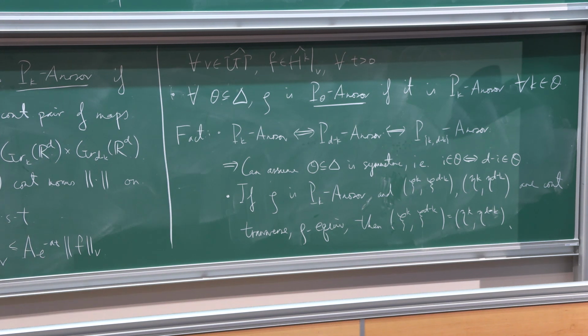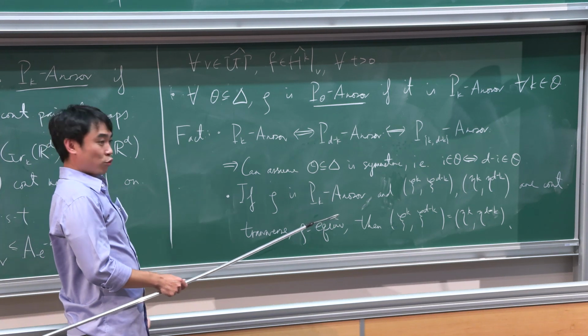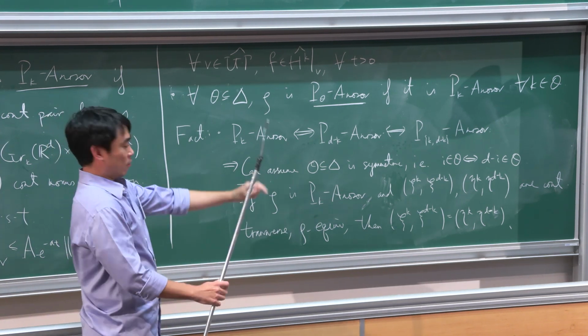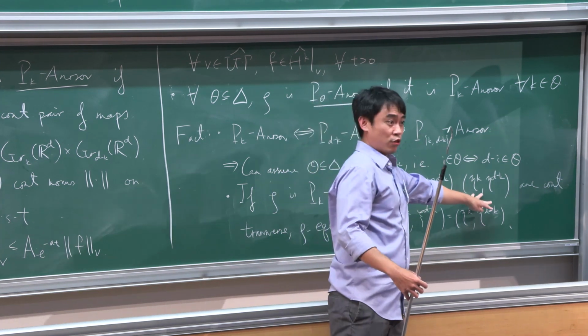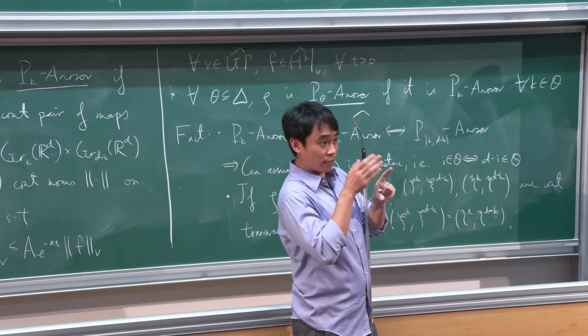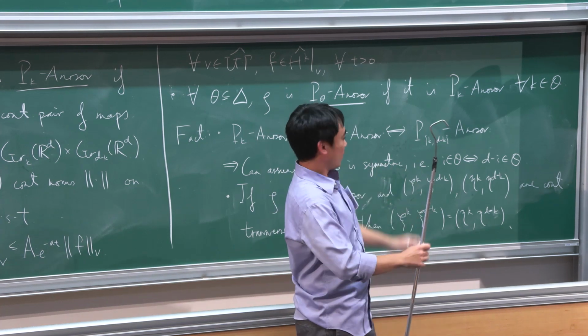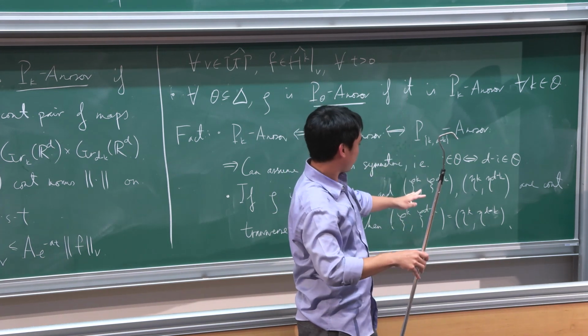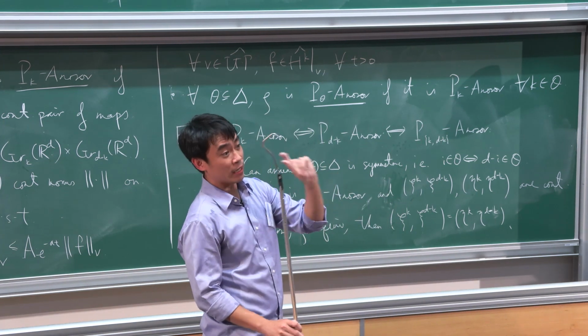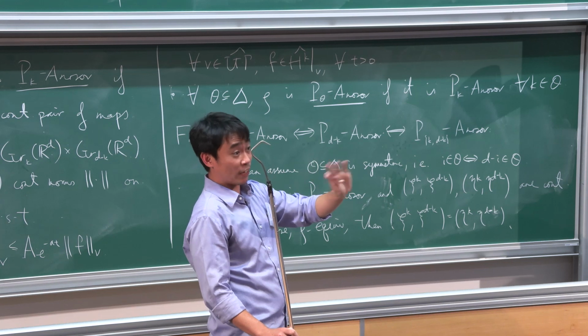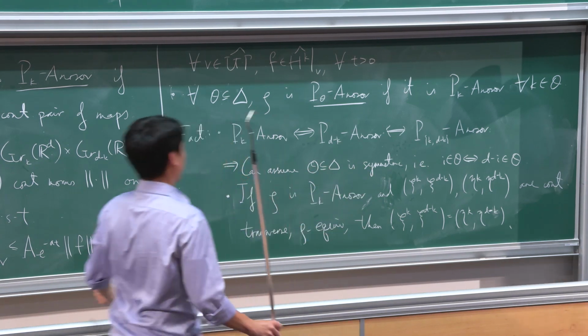Can you explain why these two pairs need not be contracting? I'm assuming rho is PK Anosov, so you have some contracting pair, the one that comes from the definition, and I just have some other transverse pair. When you apply the flow now, maybe it will be clearer later, because I'm going to give an idea of a proof.